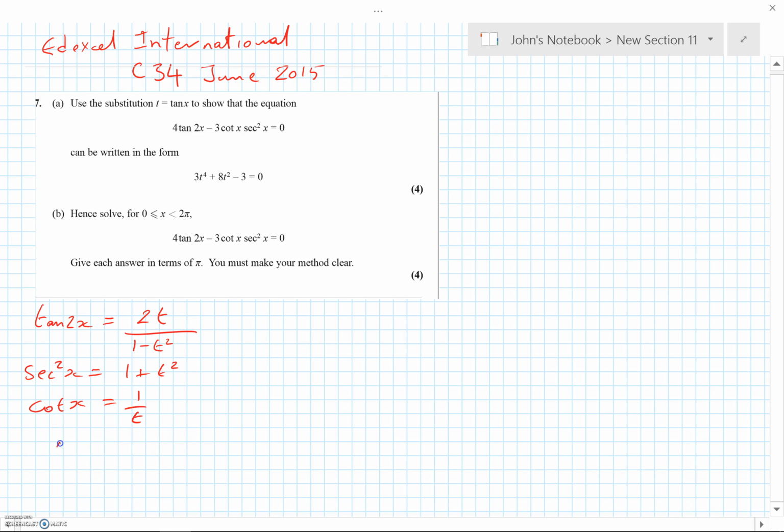For 4 tan 2x minus 3 cot x sec squared x equals 0.